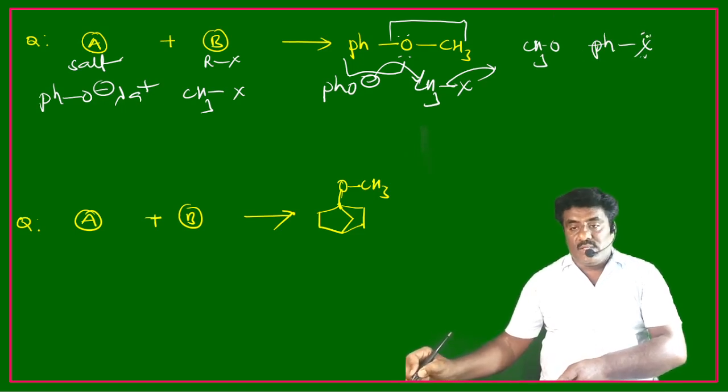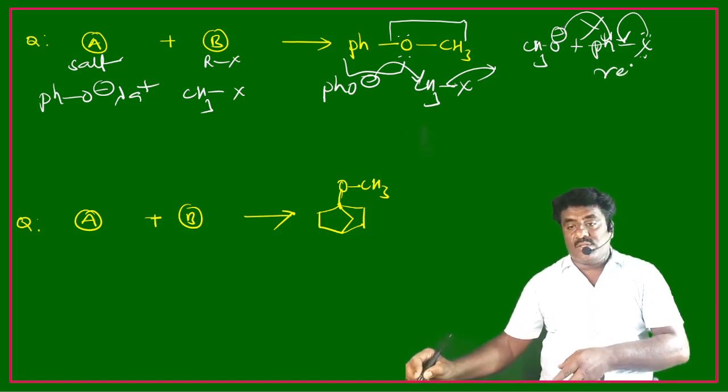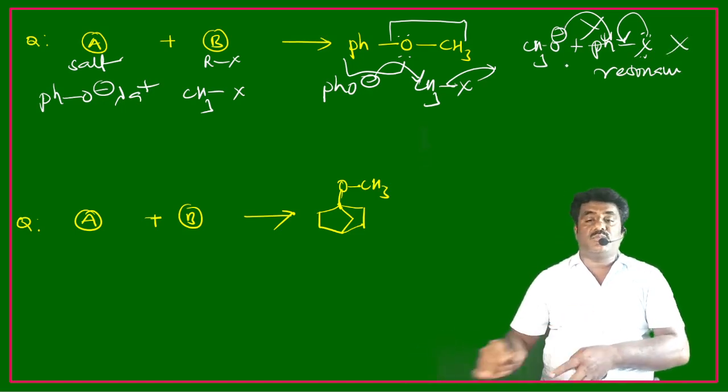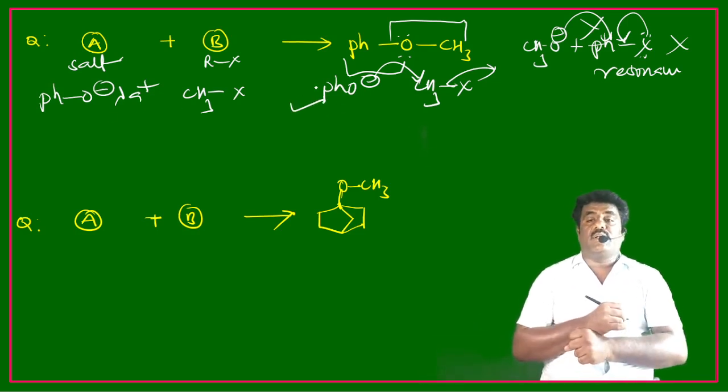In this halide, resonance is involved, so it is not possible to form the product. It could not form the product. Which is possible? This is the possibility of the reaction.